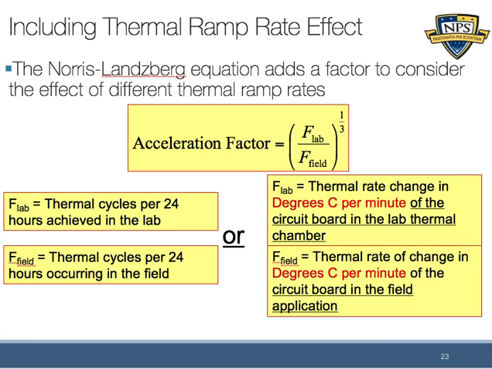And then that would be relative to F field, which is the number of cycles that something would see in 24 hours in a typical field. So what it's really doing, and it uses 24 hours somewhat arbitrarily, is essentially saying what's the ratio of the number of cycles it'll see in a test environment versus what it'll see in real life, right?